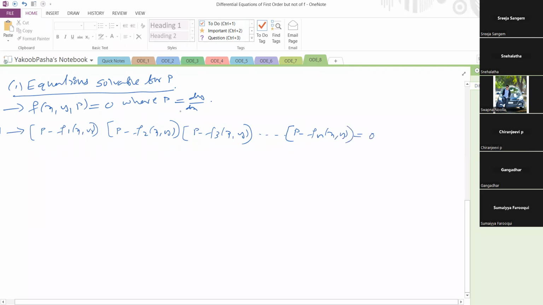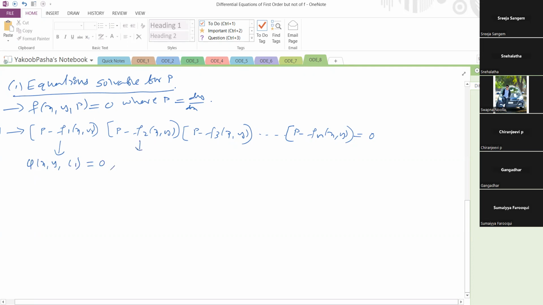First, we have to factorize the given differential equation. After factorization, we have to solve this equation. The solution of the first factor is phi1 of x comma y comma c1 is equal to 0.